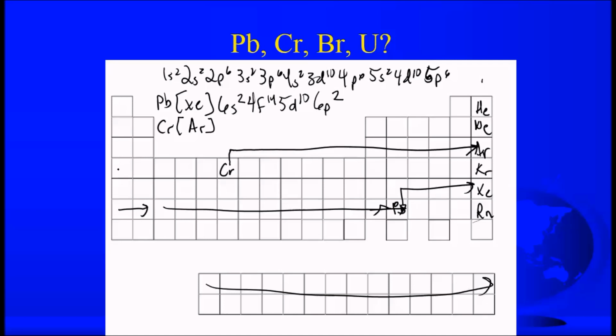Argon, and then you start right there. You didn't go all the way over here. 3d4. Because you're going to learn from xenon. Up and over. Xenon. Oh, my bad.